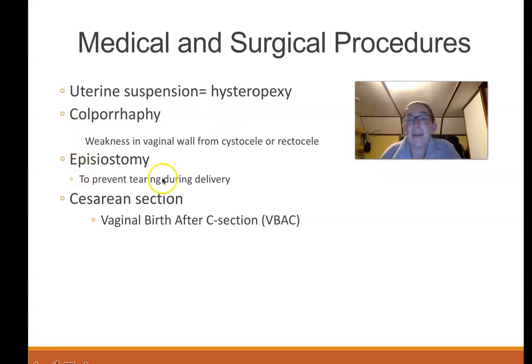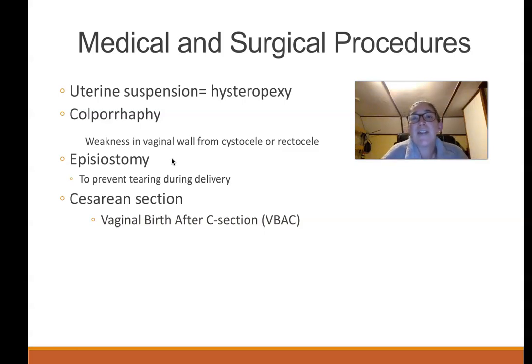An episiotomy is a procedure that is declining in popularity. It's an incision made in the perineum in order to help the baby come out. When the baby is crowning, if the head is stuck, if the vaginal introitus is not stretching enough, then you can make a little cut to widen that opening and allow the baby to come through.